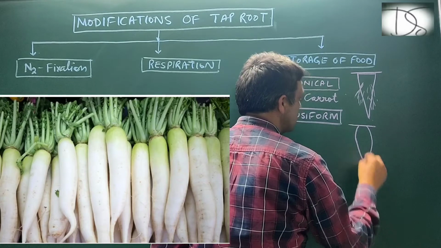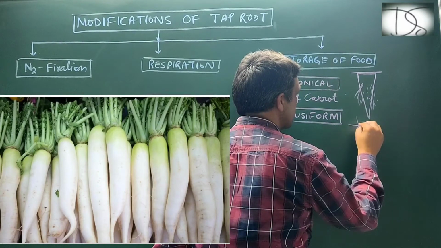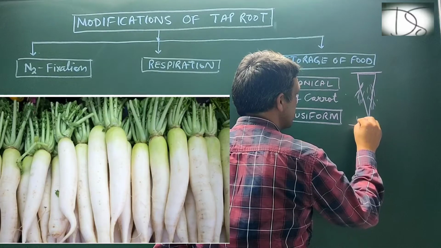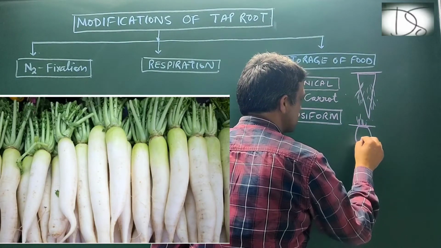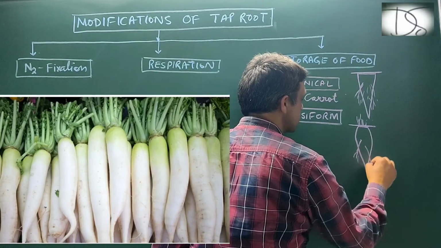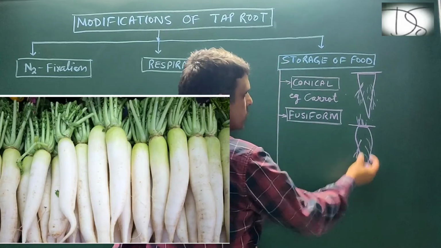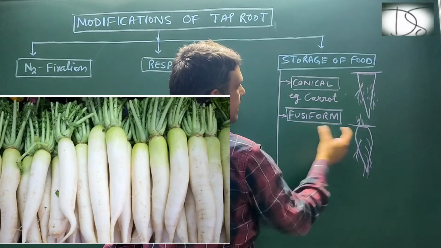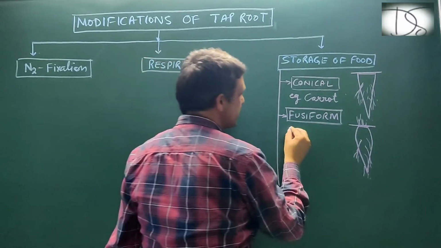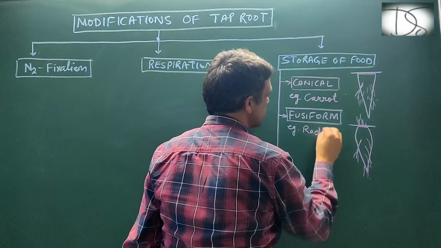So they taper like this. This is the reduced stem, and from here will originate the leaves obviously, and the secondary and tertiary roots grow from this region. So you can compare the shapes of conical root and fusiform root. An example of fusiform root is radish.